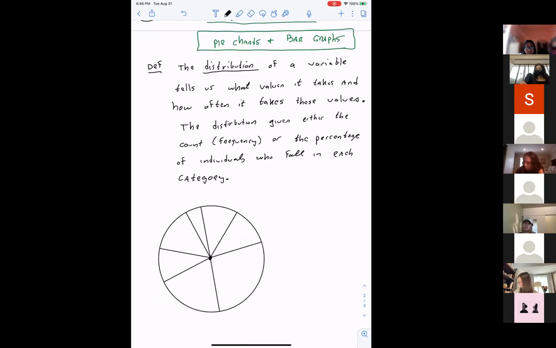And what does each wedge denote? Not a variable, because the whole thing is the distribution for a single variable. The whole thing is one variable.